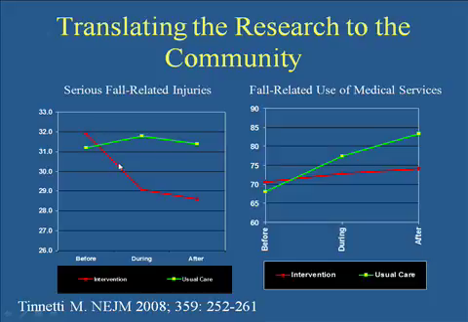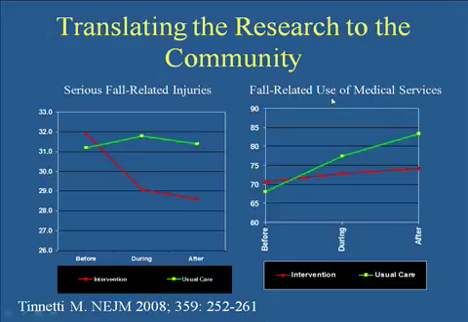And over the course of educating these providers in fall prevention strategies, there was a drop during the study that remained after the study relative to the experience of the people with usual care. So reduction of injuries, that essentially was a 9% reduction.